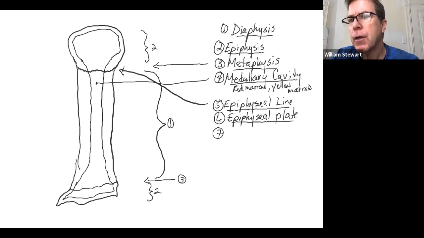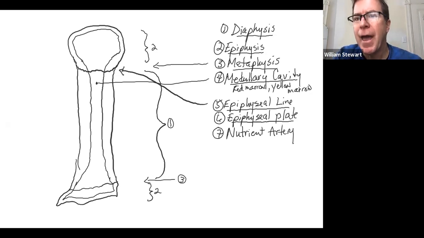Number 7, I'm writing nutrient artery. Most bones, particularly long bones, have a main blood supply that comes in right about the middle of the diaphysis area. It enters the bone and then branches, subdivides.